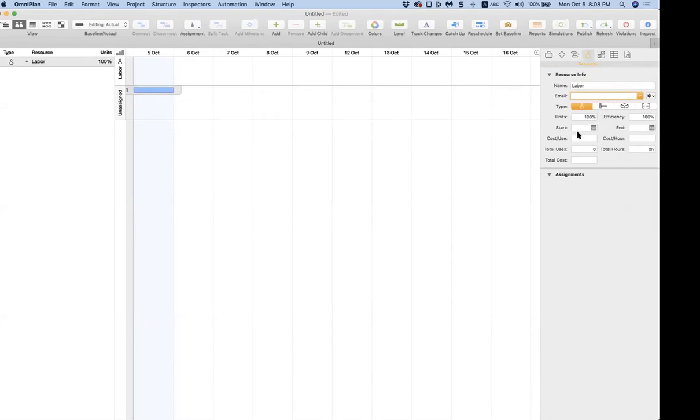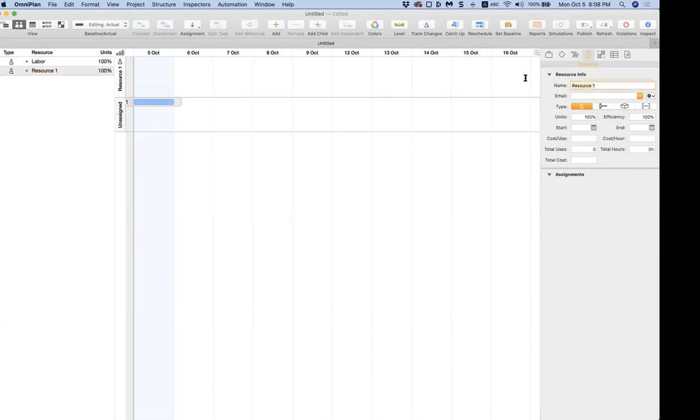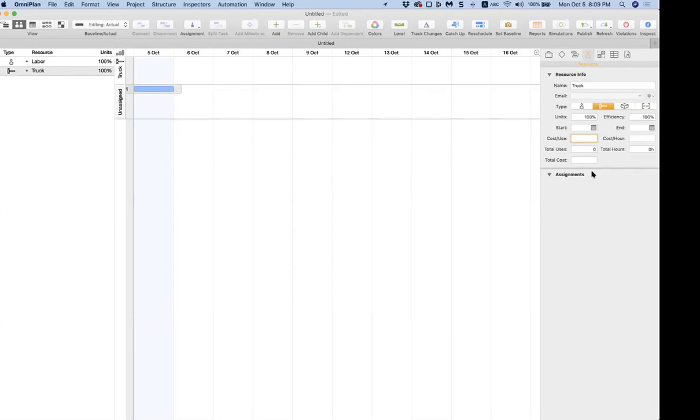It's a human resource. Okay. The cost per hour is 10,000 lira. I'm going to add another resource, which is equipment, let's say a truck. It's an equipment. See, I changed its category, and every time we use this truck it costs us 150,000 lira.